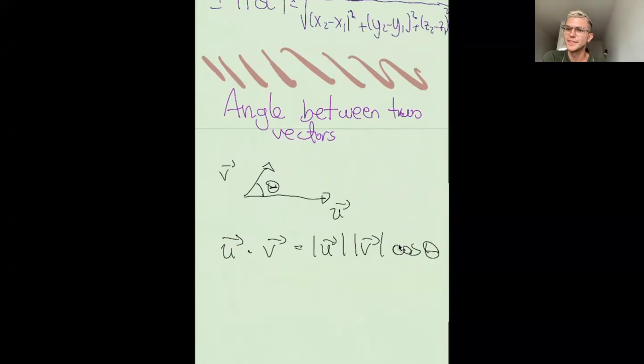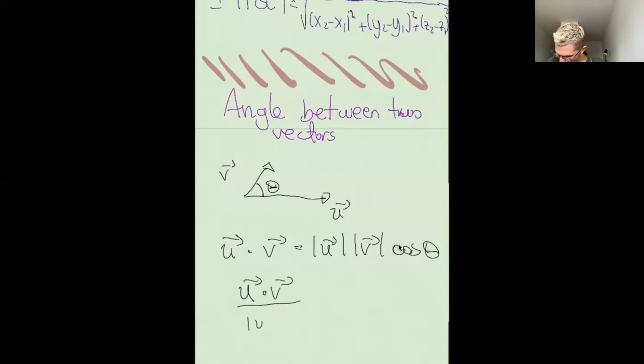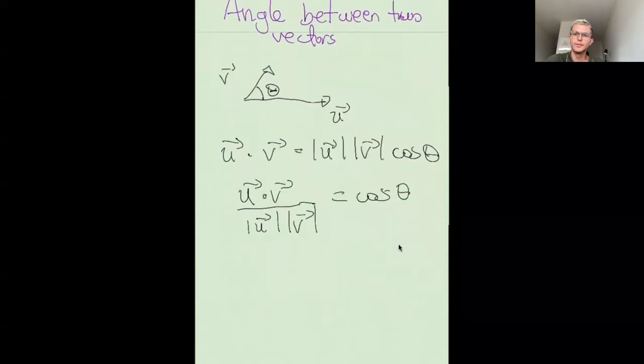So you turn things around and say, well, what if you divide both sides by the norm of u and norm of v? Is that okay?